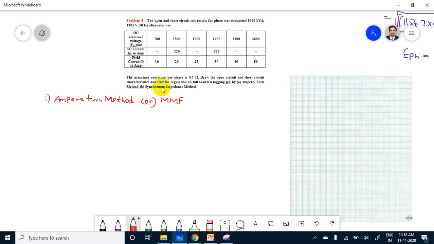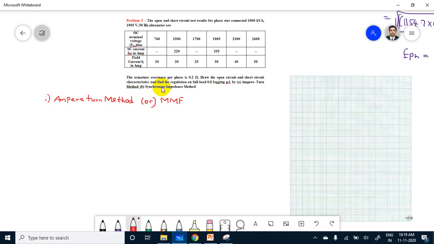Almost all the steps are similar. The synchronous impedance method is also called the EMF method. Whatever procedure we discussed in the EMF method, the same procedure I am going to execute in the MMF method, so I am directly taking the problem here.